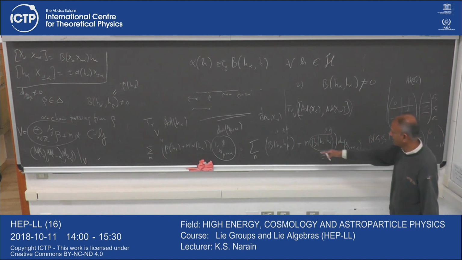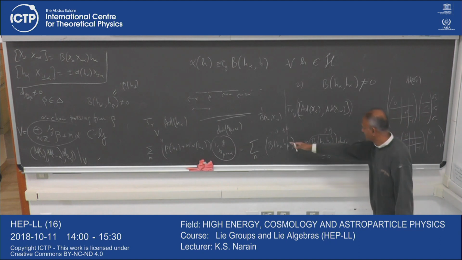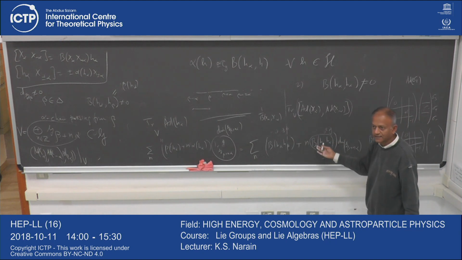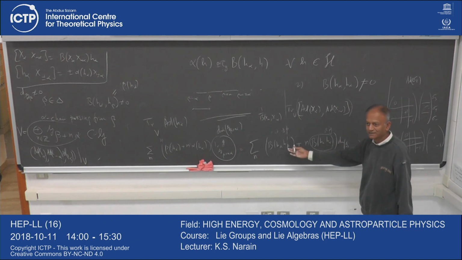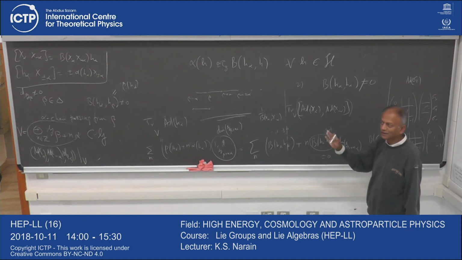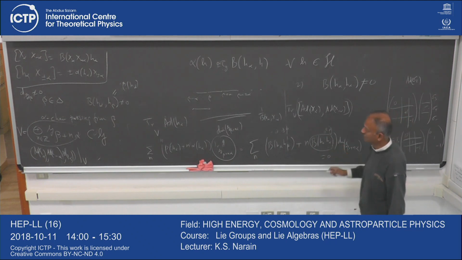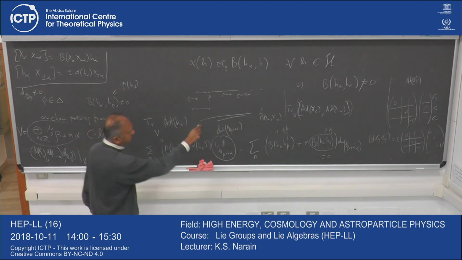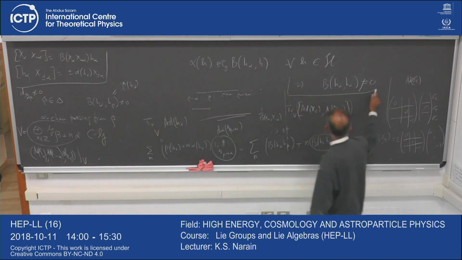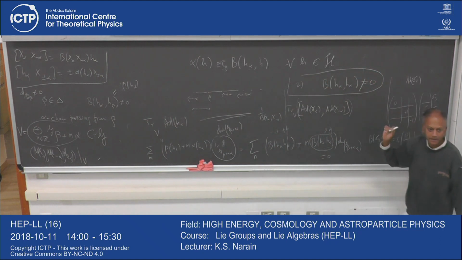If this is 0, then still one has to look at this equation and you will get some conclusions from that. But I'm saying that if this was not 0, there is no hope of making that 0. So the first conclusion, therefore, is that this first statement cannot be 0.